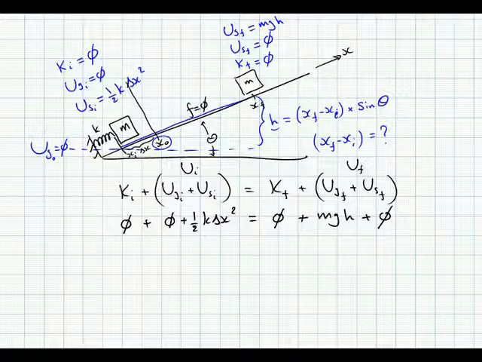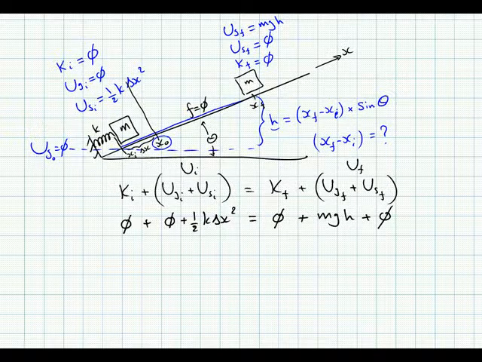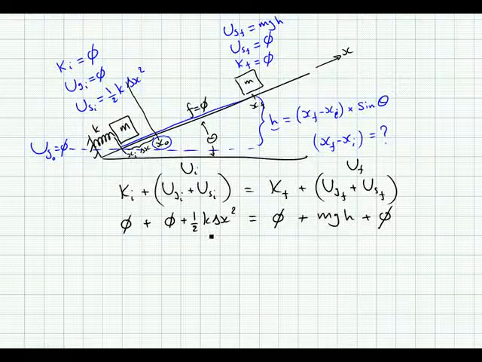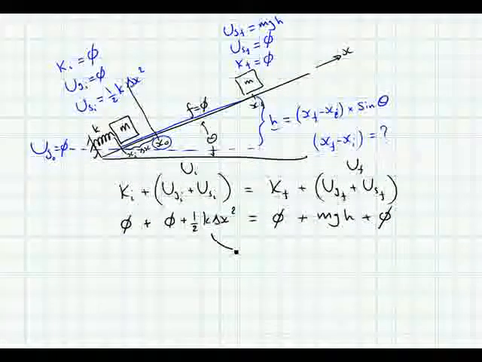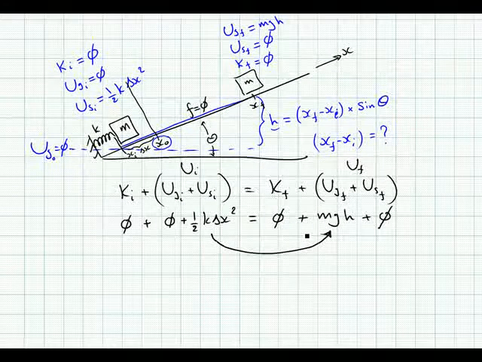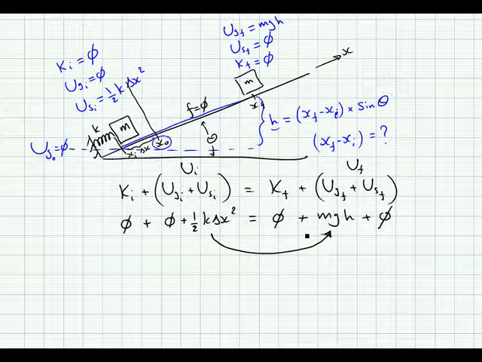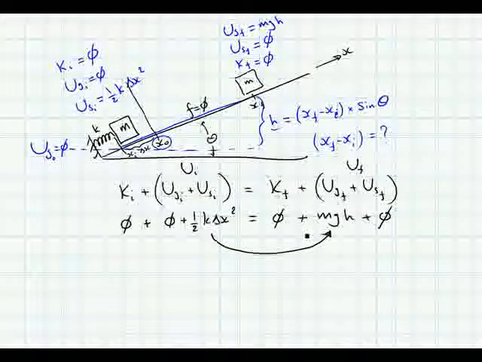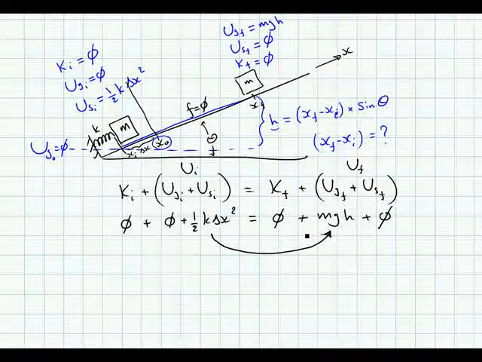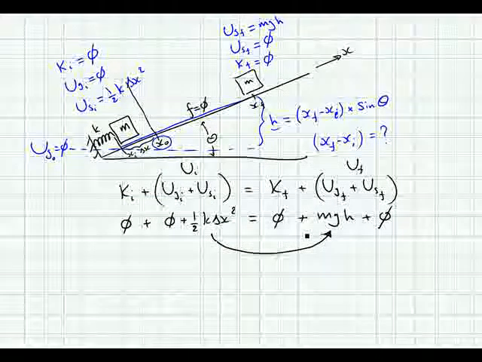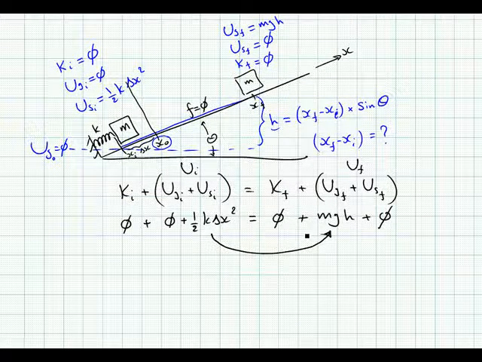So you see that the transformation that takes place is the spring potential energy that the object has to gravitational potential energy at the top of the ramp. The initial spring potential energy of the object transforms into a final gravitational potential energy of the object.